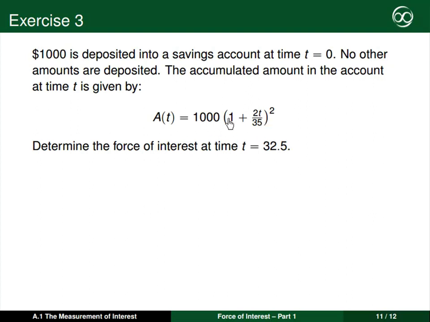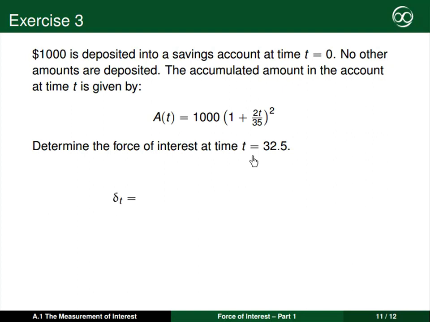Really, I could pull off the accumulation function because this is the original investment, because if I let t be 0, then I get 1,000. So the quantity 1 plus 2t divided by 35 squared, this piece here is the accumulation function, little a of t. You don't need to know that. And we're asked to determine the force of interest at time t equals 32.5. So we want to know the measure of the intensity of interest at an exact time 32.5.